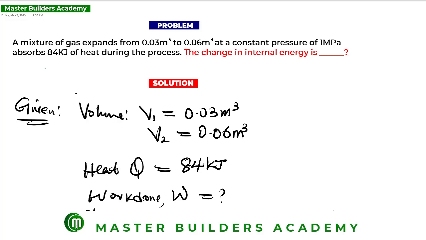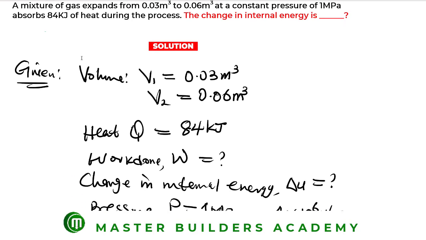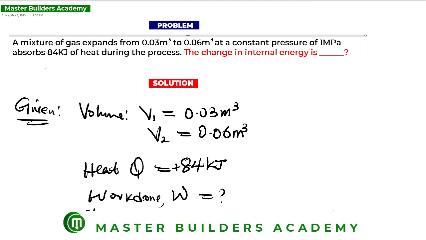Coming back to the heat, we find out that this heat was absorbed by the system, absorbed by the gas. Because it was absorbed, this heat is positive, heat accepted, heat added. Because this is an expansion process, it is the system that is doing work.